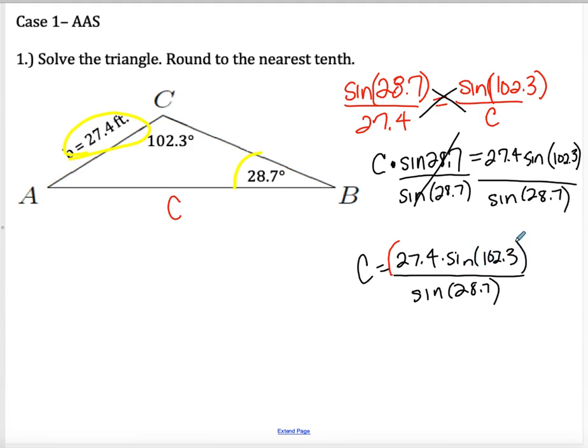You need to close this one and this one, and then you could type divided by the sine of 28.7. Or you can type the numerator all together and hit enter, and then type in the denominator. But I'm going to go ahead and write up the answer right now so that you can type this in your calculator and see if you get it right.